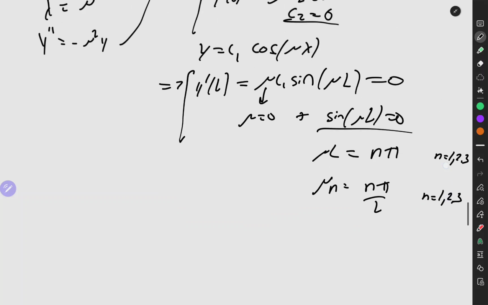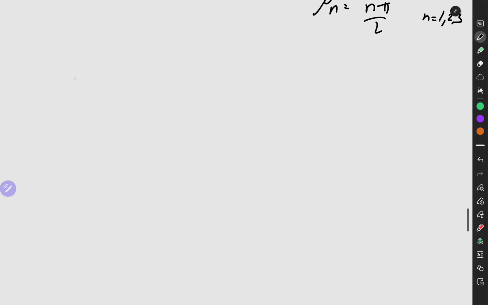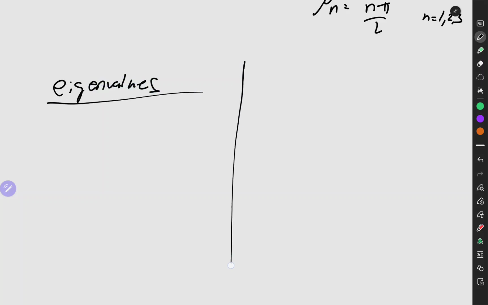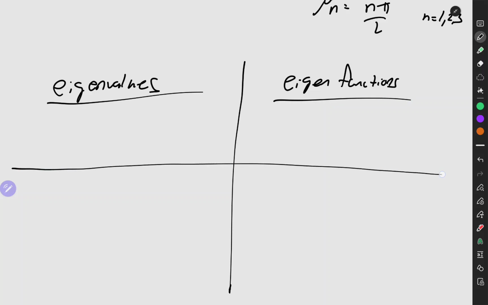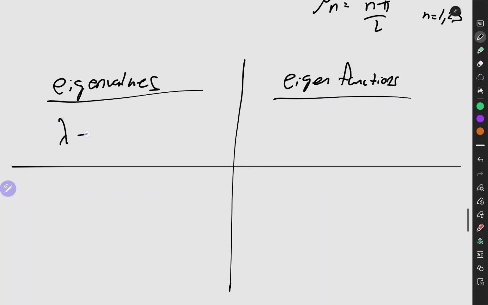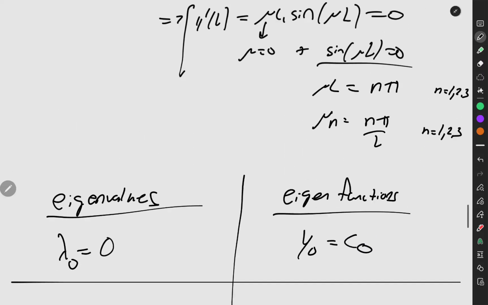Okay. Yeah, okay, so let's make our little chart here now. As you can see, when lambda sub naught is equal to 0, y sub naught is equal to a constant. We'll just call it c sub naught.